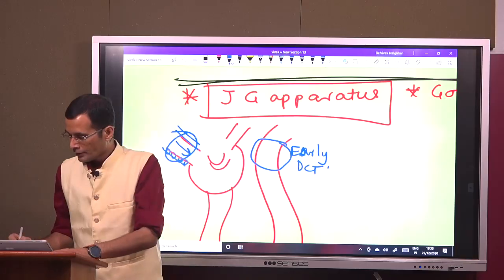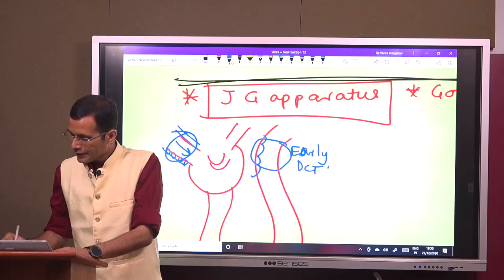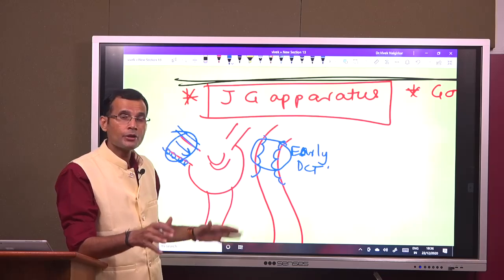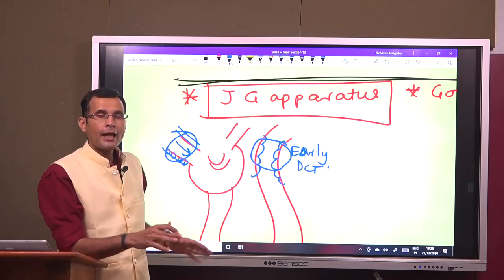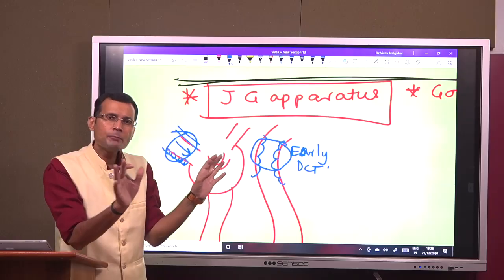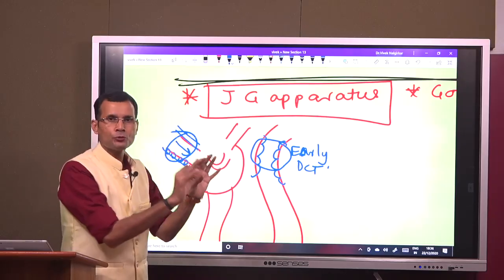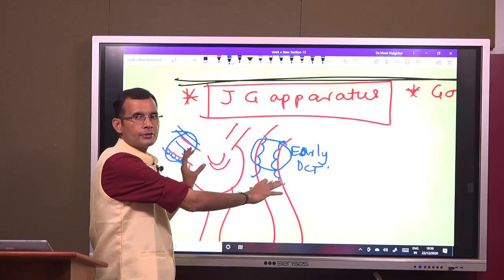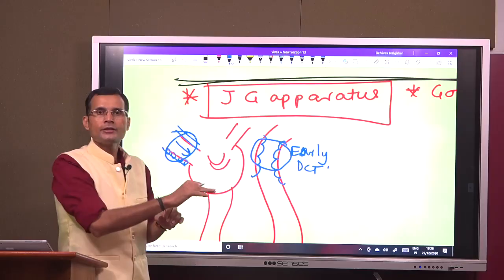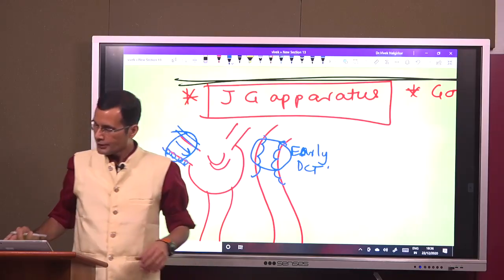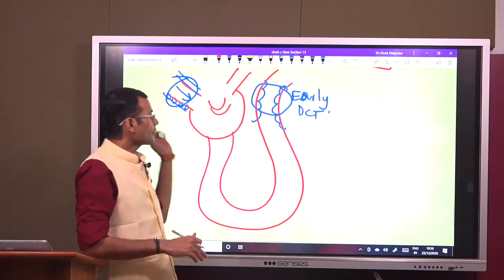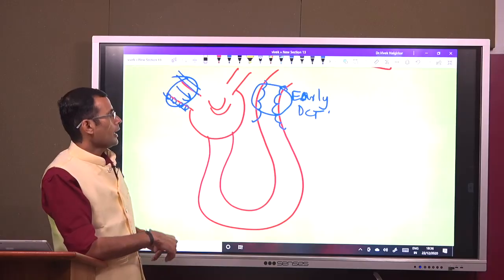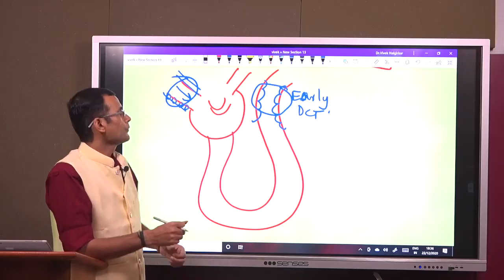Second, the cell in the early DCT, so that cell which is lining the early part of DCT, and the third cell is between these two parts, the afferent arteriole and the early distal tubule. So these 3 cells: afferent arteriole, early DCT, and the cell between these two. And therefore this makes a complex.